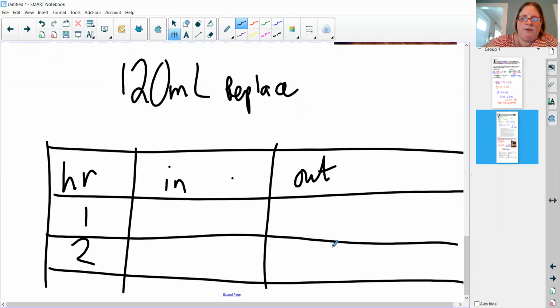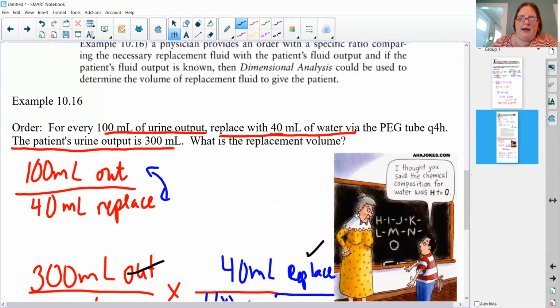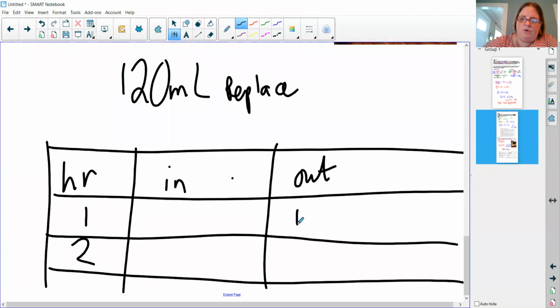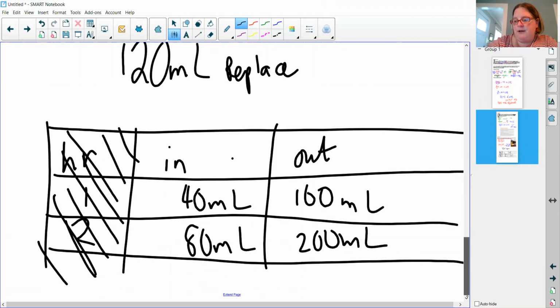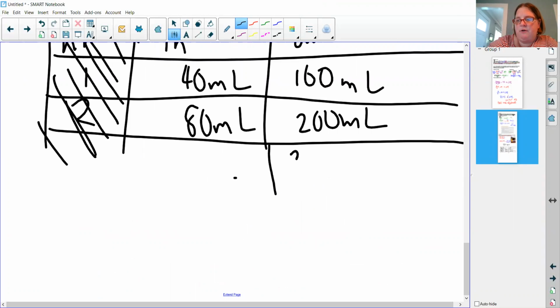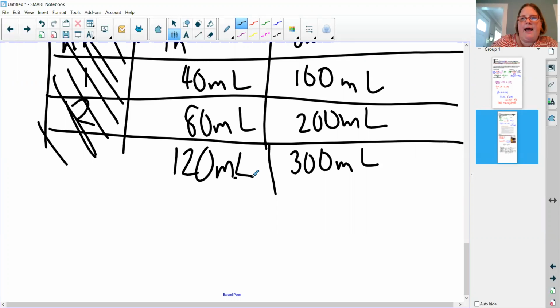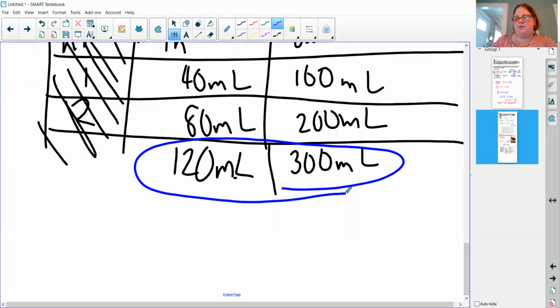For every 100 milliliters out, you replace with 40 milliliters in. You don't have hours on this one, my bad. I memorized the wrong question. So if 200 milliliters were out, you need 80 milliliters in, because that's another 100 milliliters. Then for every 300 milliliters out, it would be another plus 40. So 8 plus 4 is 12, so 120 milliliters in. And then it asks you 300, how much? And you would say 120.